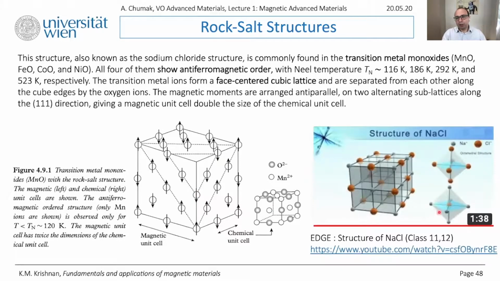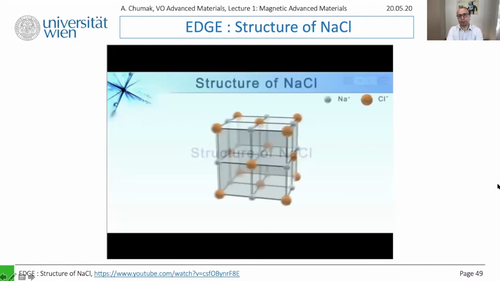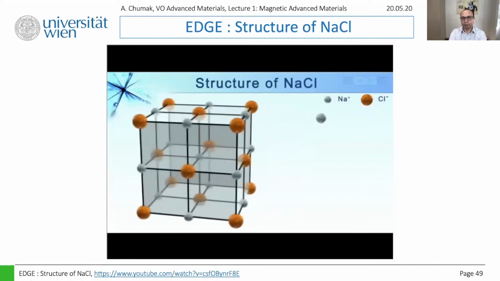And we will just watch a movie about the general structure of these materials. Let's see the structure of NaCl. The radius of a sodium ion is 0.95 angstrom and that of a chloride ion is 1.81 angstrom. The radius ratio of sodium ion and chlorine ion comes out to be 0.526. The radius ratio suggests that the coordination number of each ion is 6.